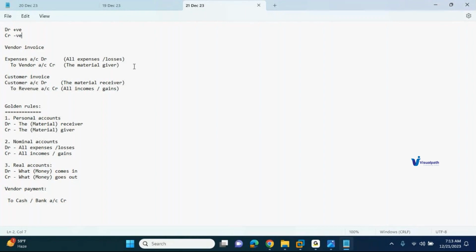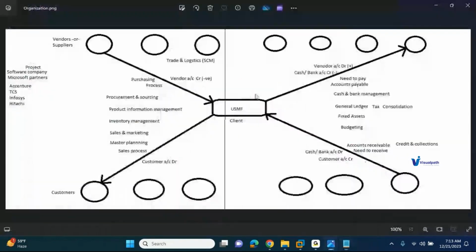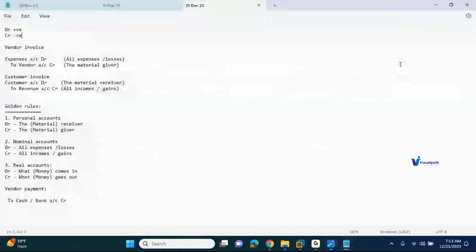Now you are paying money to the vendor. Whenever you are paying money, your cash or bank balance will be decreased. Suppose in your pocket there are 2000 rupees and you have paid 500 rupees to your friend.